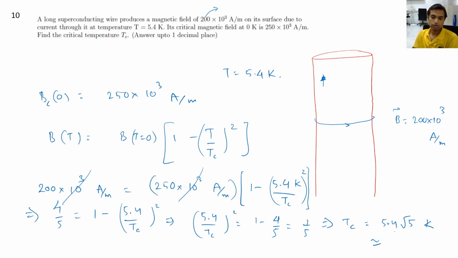So this will give us 5.4 into root 5, that is around 12.07 Kelvin. So this is how you calculate the critical temperature. So this is your critical temperature.